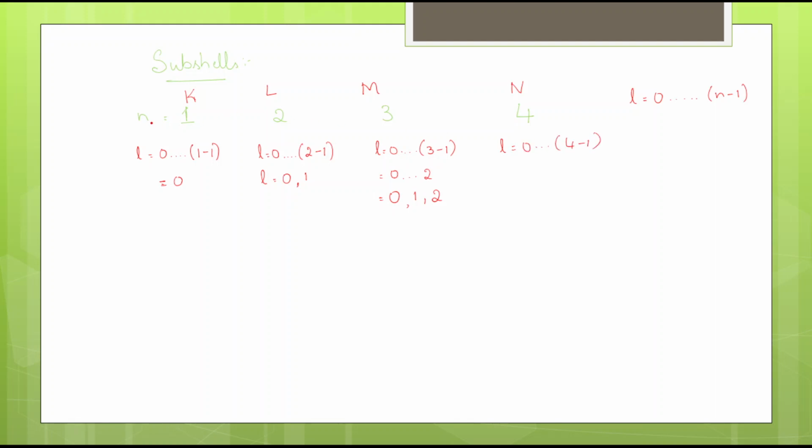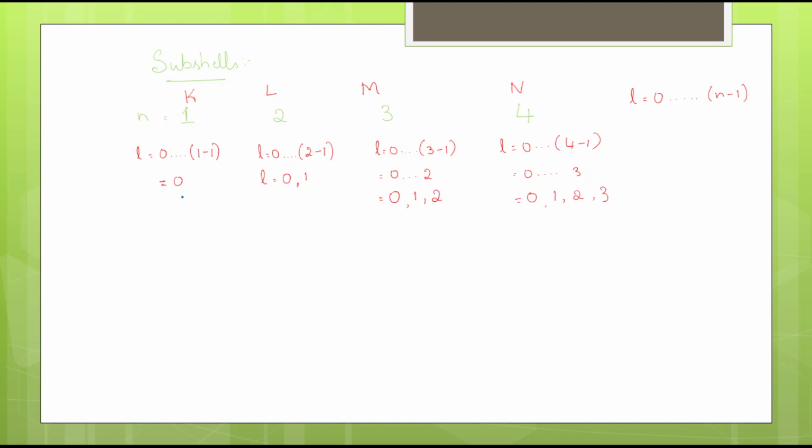The N value is 4, so 4 minus 1 is 3. So 0 to 3, that is 0, 1, 2 and 3. Clear? Now we'll mention the subshells.